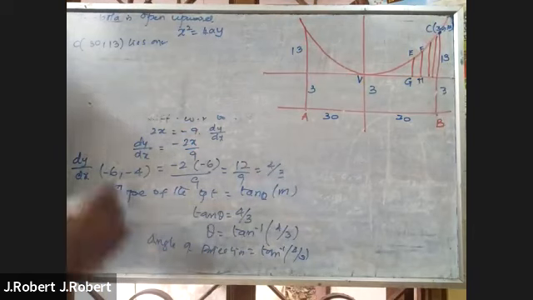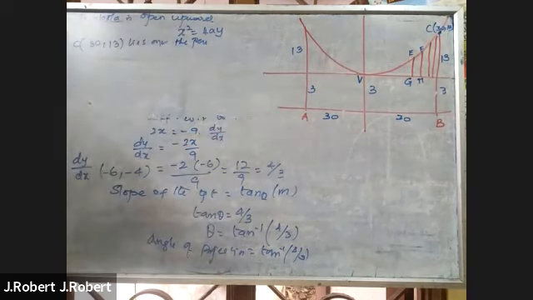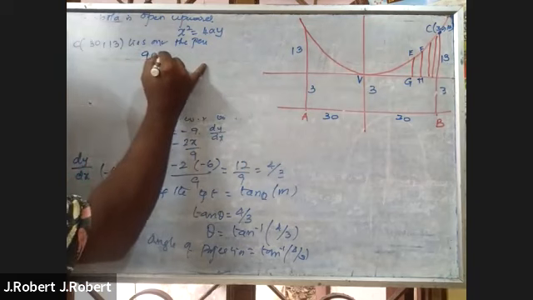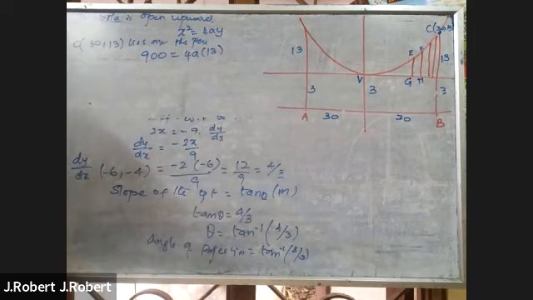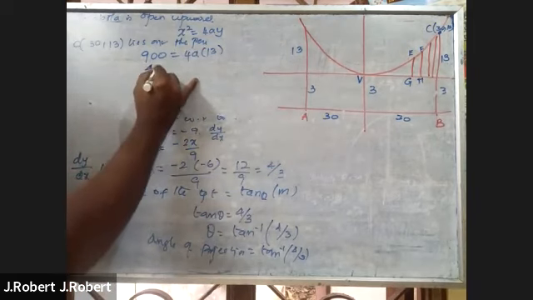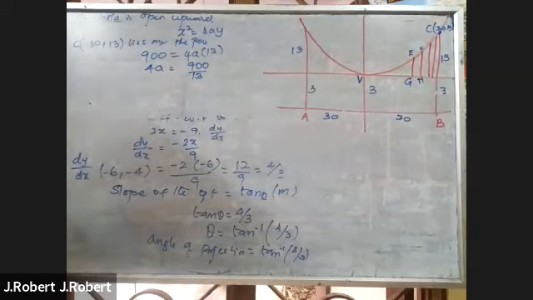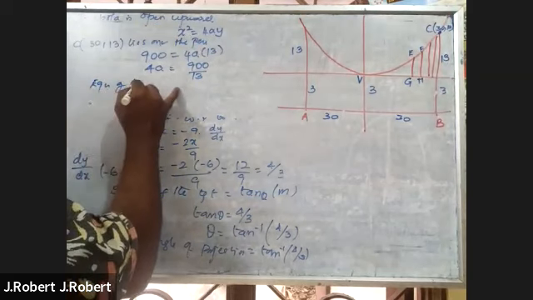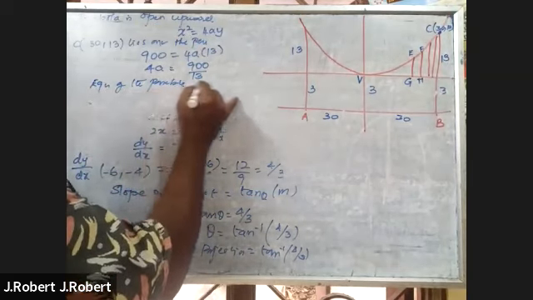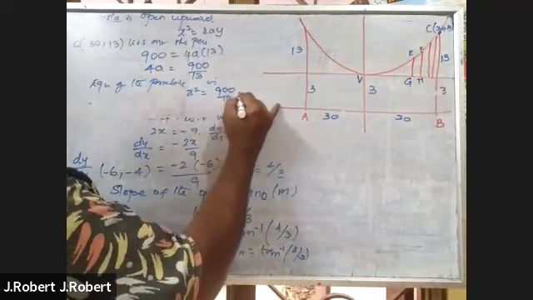Since it lies on the parabola, x squared is 900, which equals 4 into a into 13. I only need 4a. Your 4a equals 900 by 13. From this, the equation of the parabola is x squared equals 900 by 13 y.